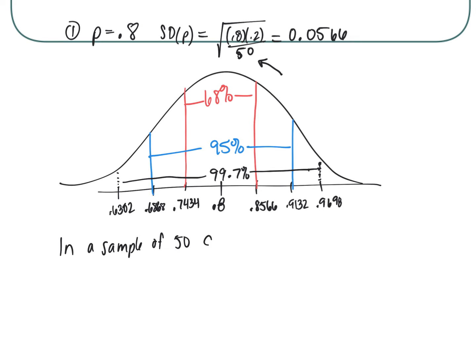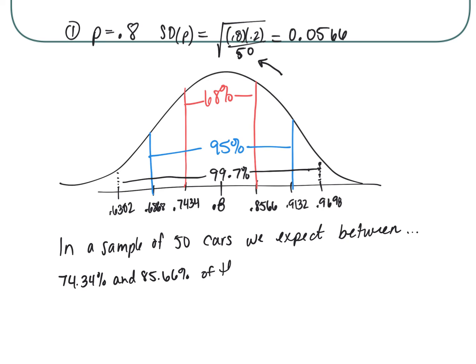So it's very specific. In a sample of 50 cars, we expect between 74.34% and 85.66% of the cars to be speeding 68% of the time.